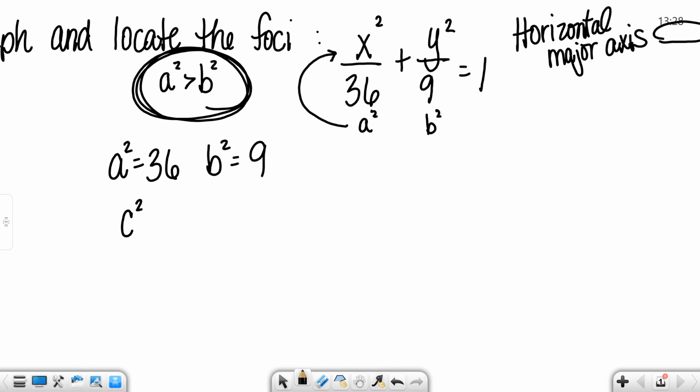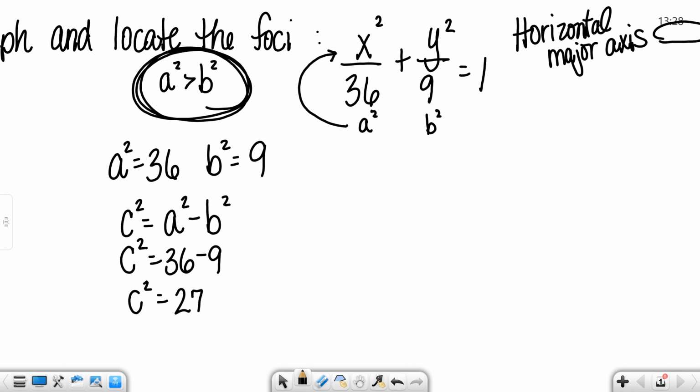Now remember, I gave you a relationship between c squared, a squared, and b squared, and this was it. We're going to use this to help me find what our foci are going to be. So c squared is 36 minus 9. Take the square root, and I get c is the square root of 27.